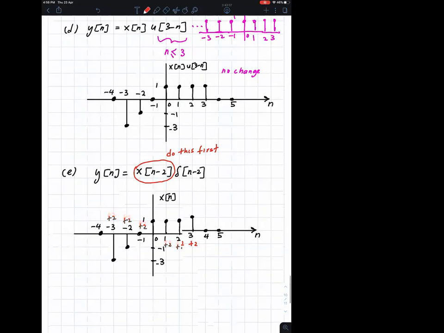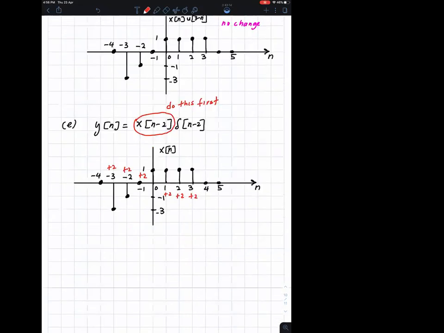So in that case, this becomes 5, 4, 3, 2, 1, 0, -1, and 0. You can go ahead and move this axis over to 0.